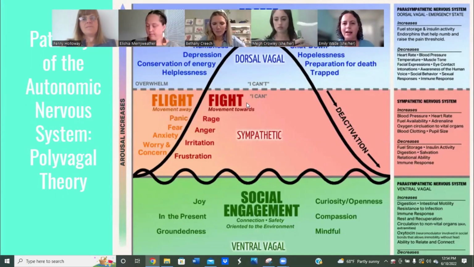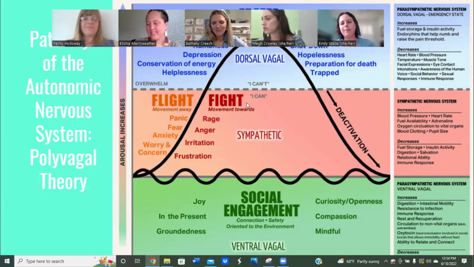People who have spent an inordinate amount of time in these red and blue pathways have damage neurologically and from a mental health perspective. So we do want to help our learners get back to green, which isn't to say that they're happy, but they are calm and back to being regulated.